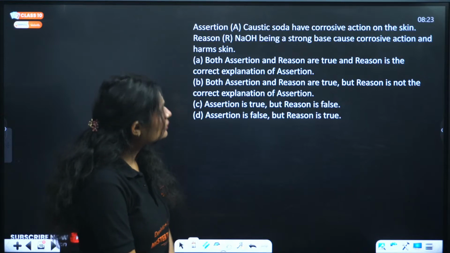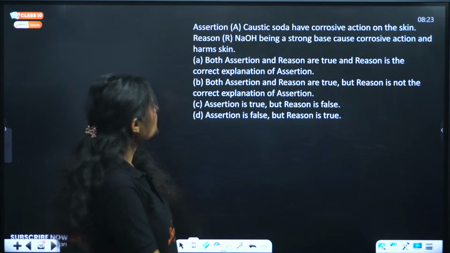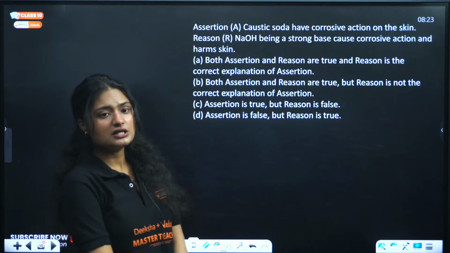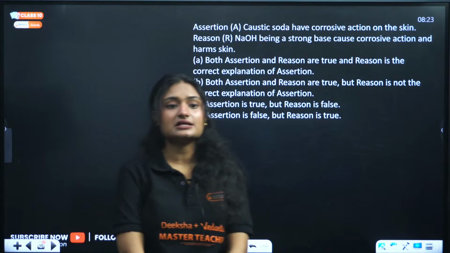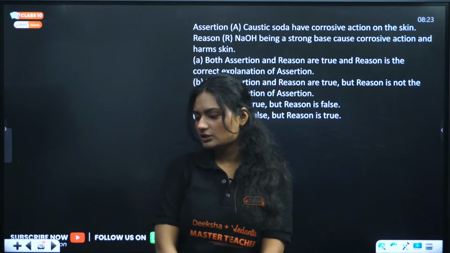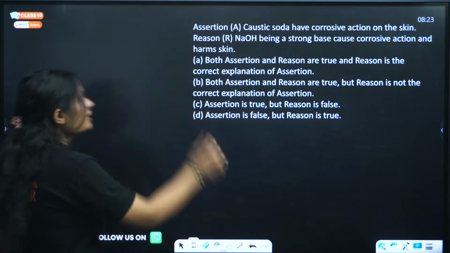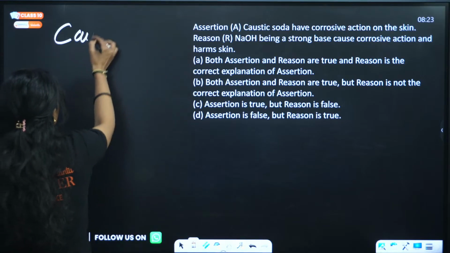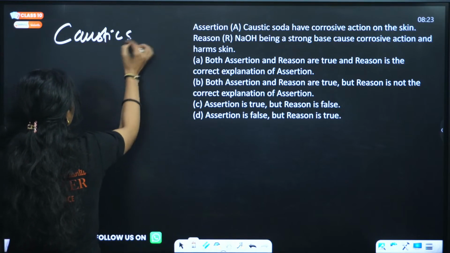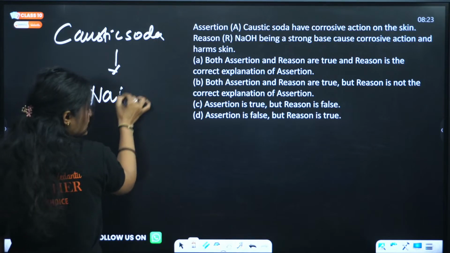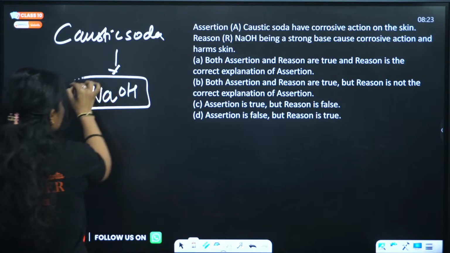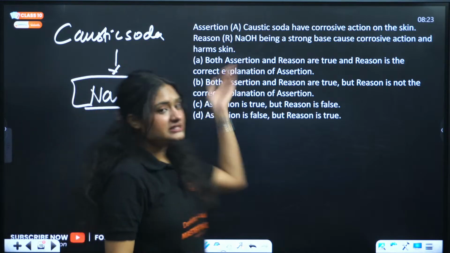The reason says NaOH, being a strong base, causes corrosive action and harms skin. NaOH is caustic soda, and it is a strong base.